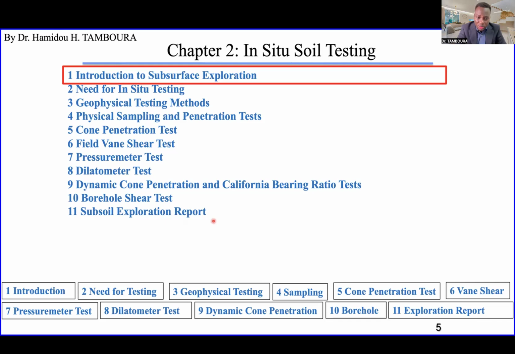So there is a way to report it. These are the main points we are going to discuss in this chapter.